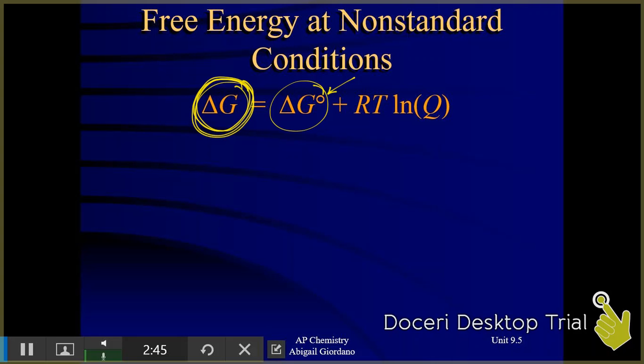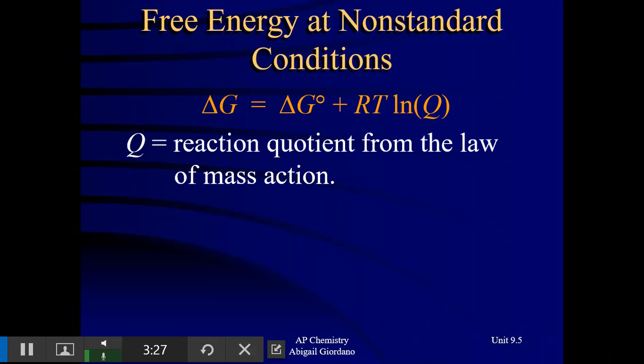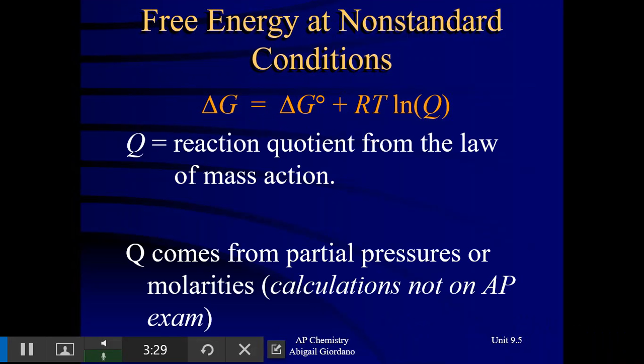If that delta G is negative, then it's favored. If it's positive, it's not. And we're not going to do any calculations with this. As I said, the calculations are not on the AP exam, but the concept is.